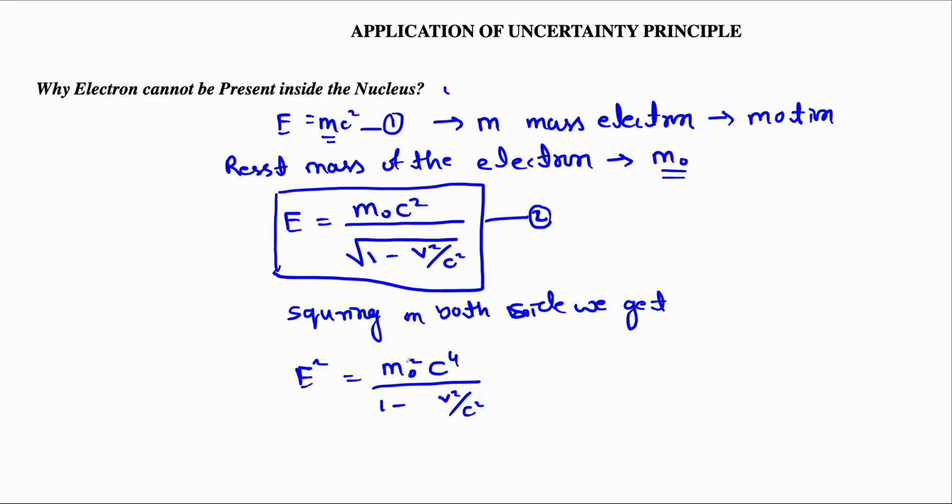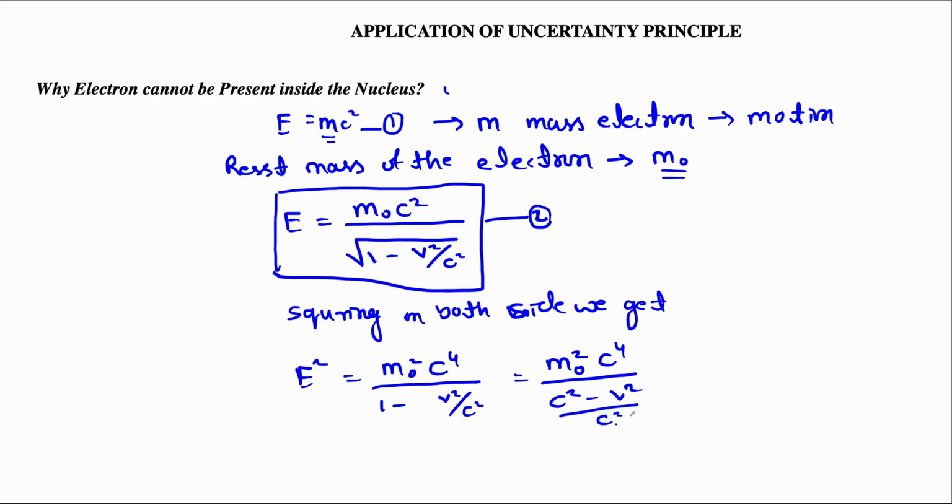If we solve this equation, then we can write it as m naught square c raised to 4 divided by c square minus v square, divided by c square.